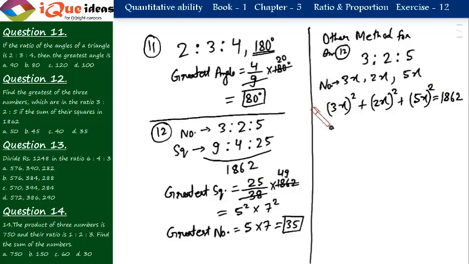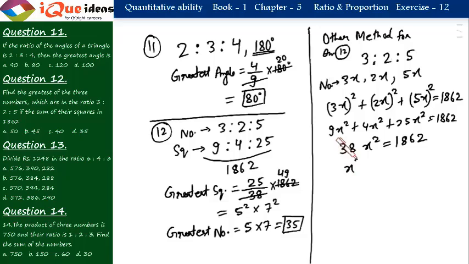That is what the question says. Now if you add them, 9x square plus 4x square plus 25x square is equal to 1862. So this gives us 38x square is equal to 1862. So x square is equal to 1862 divided by 38, which is equal to 49. You will have to do that division process.